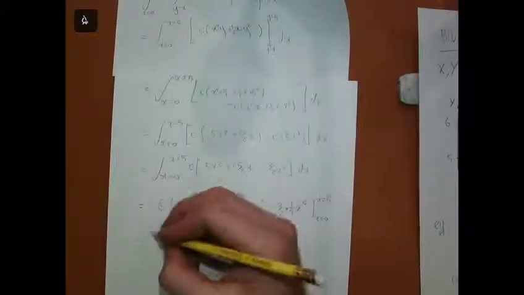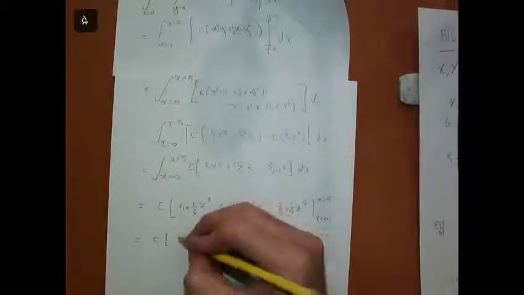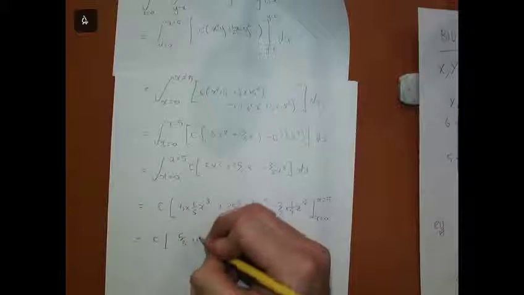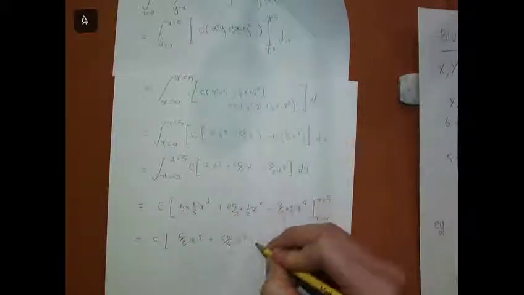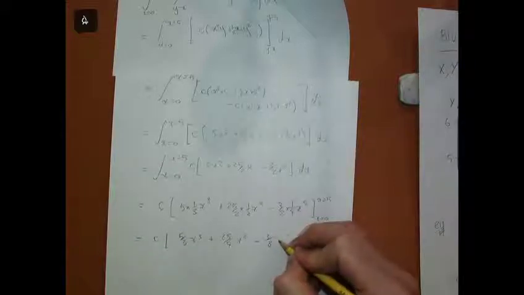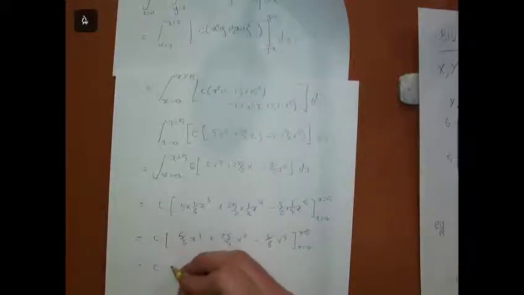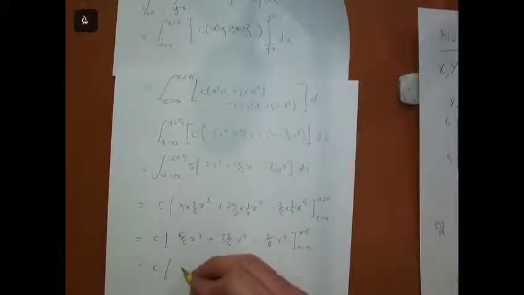Alright, so 5 on 3x cubed plus 25 on 4x squared minus 3 on 8x to the 4. And so that will be 5 on 3, 125.